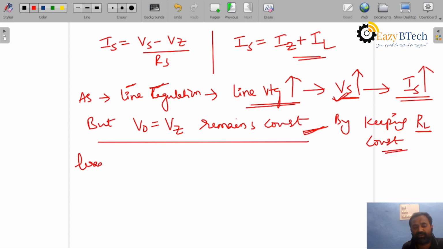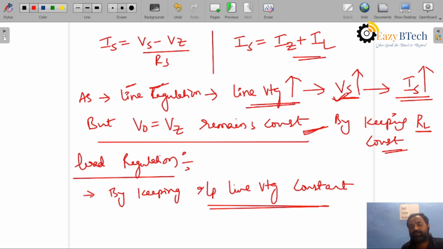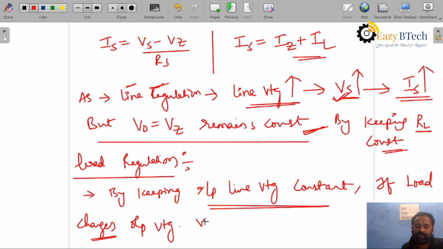Now we will see load regulation. In the load regulation, by keeping the input line voltage constant, if the load resistance changes, the output voltage remains constant.